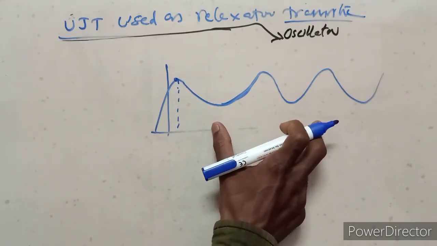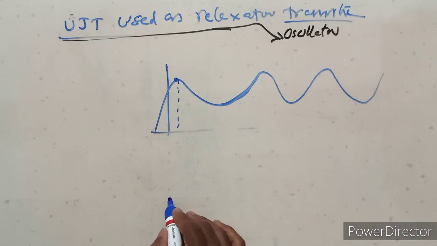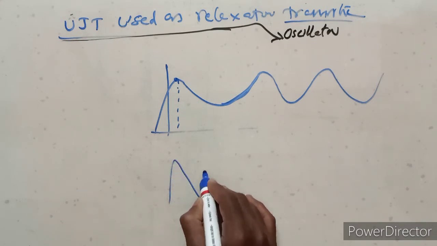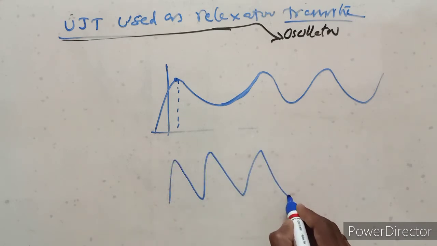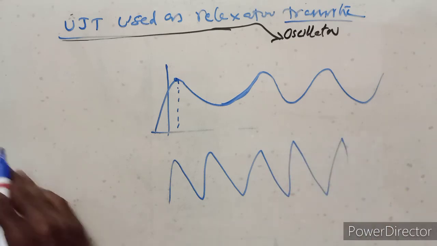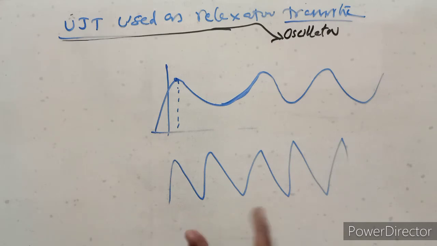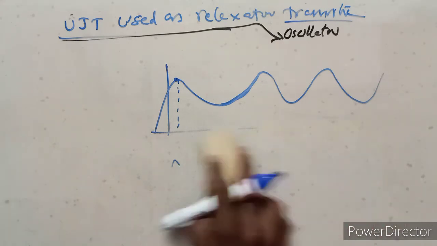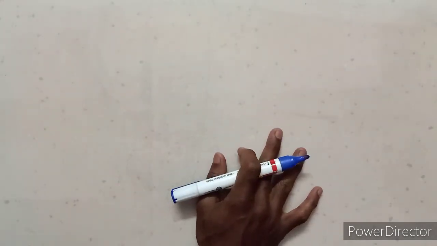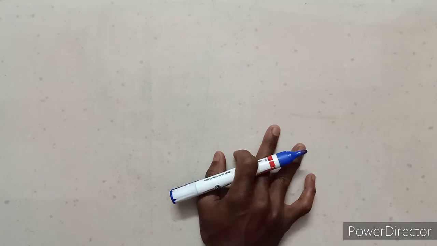This is also a sine wave and also a sawtooth wave. This is the sawtooth wave. So the total circuit and also the device are used as a relaxation oscillator.